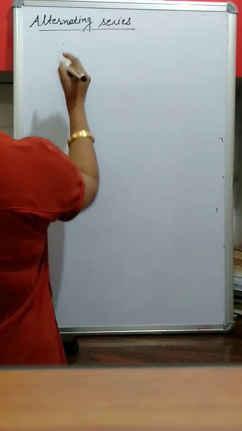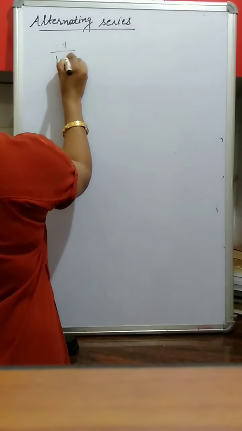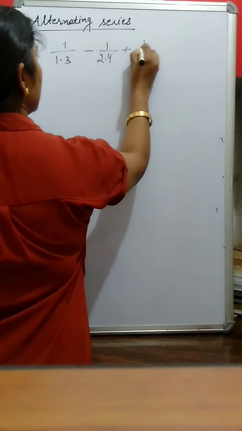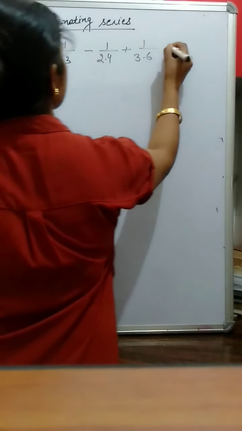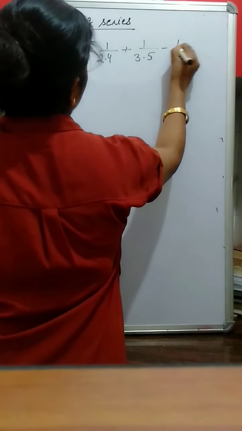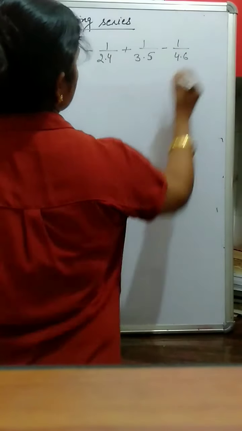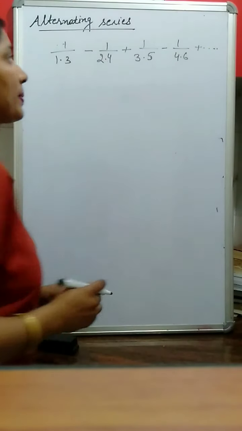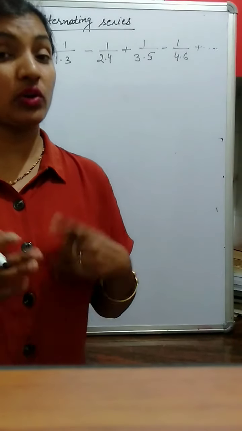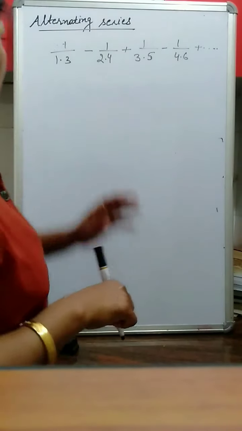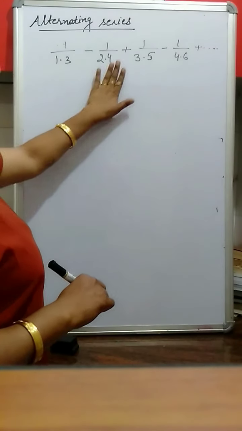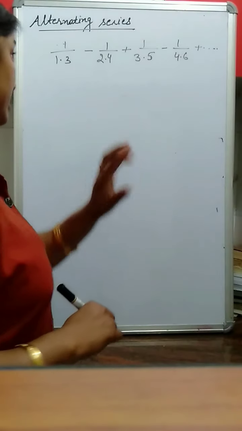Suppose we have the example 1/(1·3), 1/(2·4), 1/(3·5), then 1/(4·6), and so on. If you want to check the convergence of this series, first we want to find a_n. As is clear, every term has two factors in the denominator.